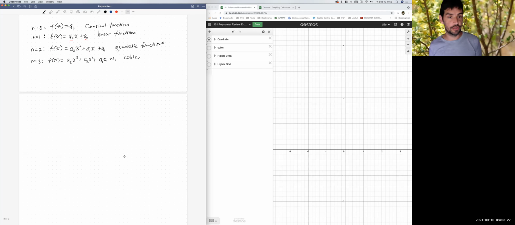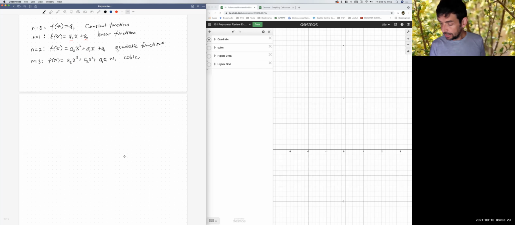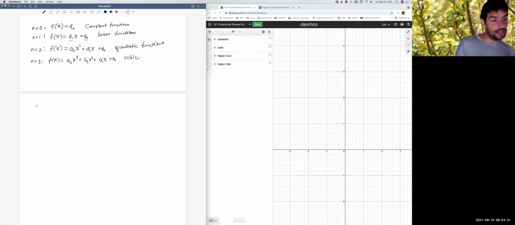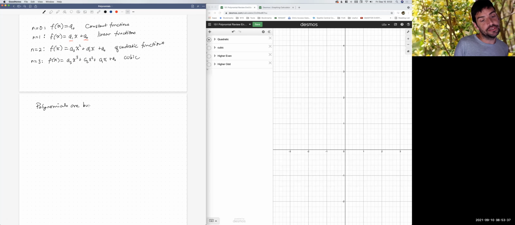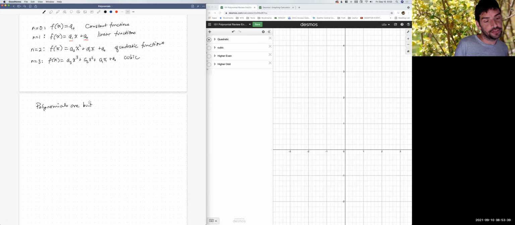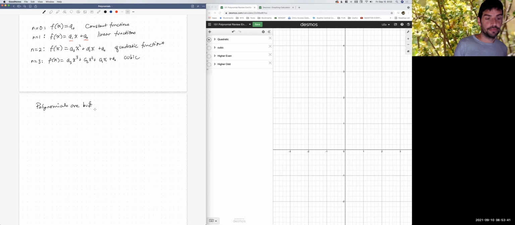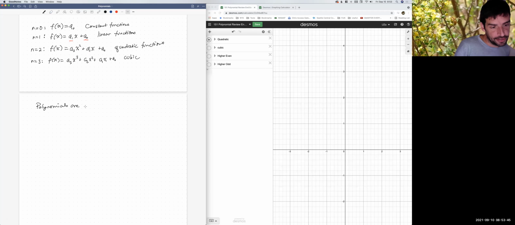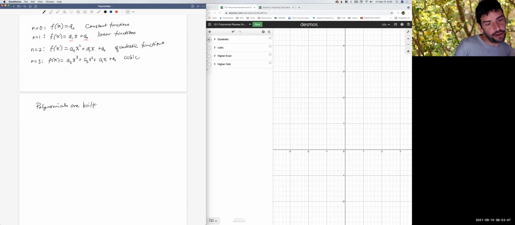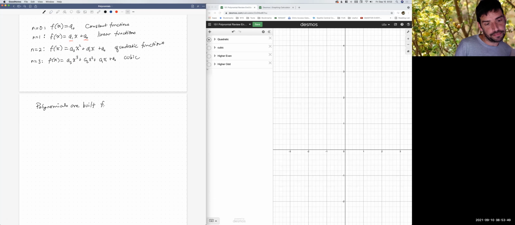So let's look a little more deeply at that by noting that polynomials are built out of what are referred to as power functions.